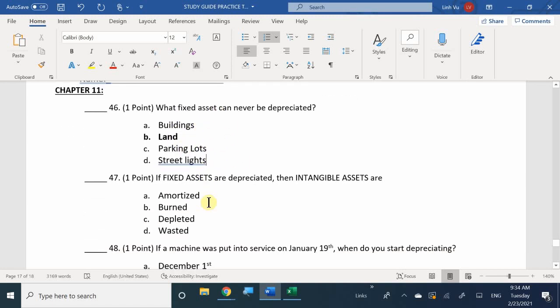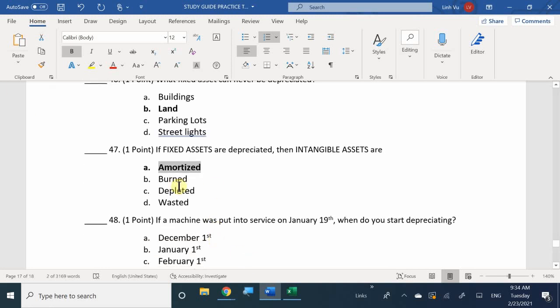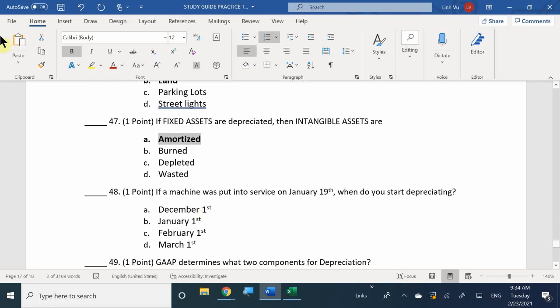Okay. Number 47. If fixed assets are depreciated, then intangible assets are amortized. Yes, amortized. Okay. So again, I will test you on that. They're not going to be burned, they're not going to be depleted, and they're not going to be wasted. Okay. So again, that was the same exact question on your quiz, except I asked it to you in a different way.